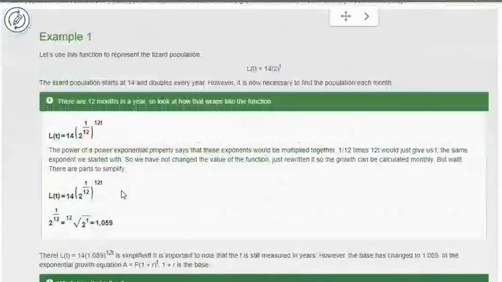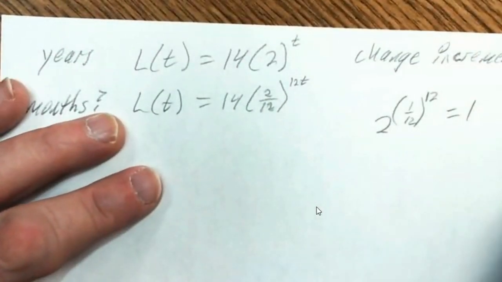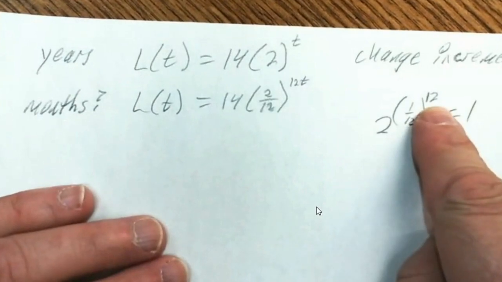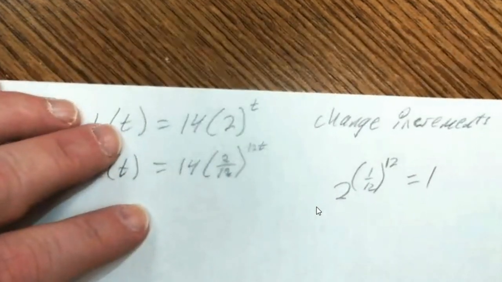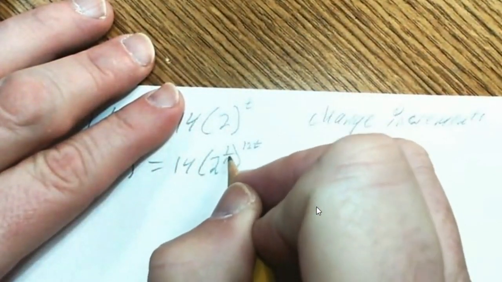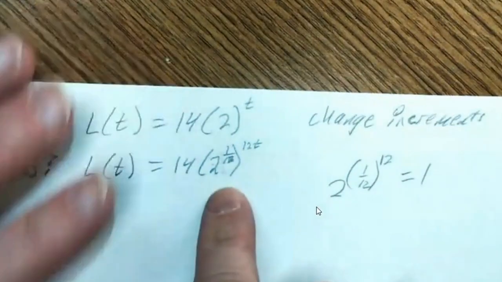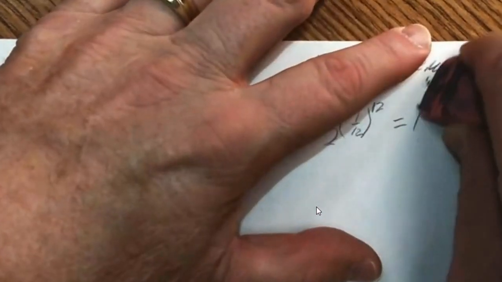Oh, it's 2 to the 1/12 to the 12th power. That's what I was doing; I left off the 2. This is 2 to the 1/12 to the 12th power, because we're changing this 2 to the 1/12. I wrote that wrong.